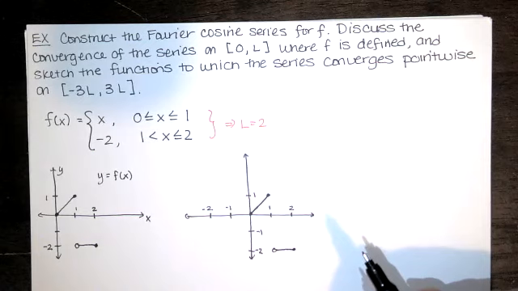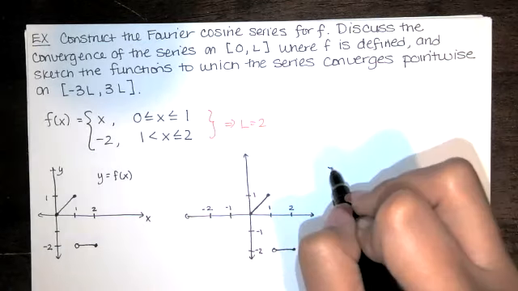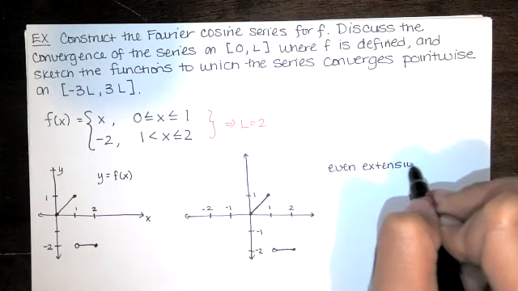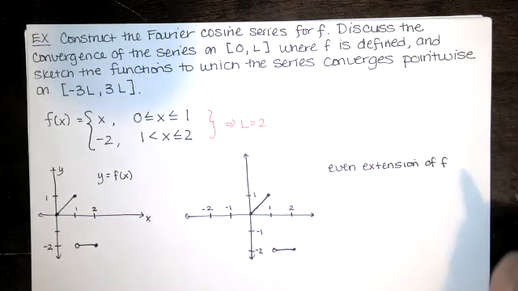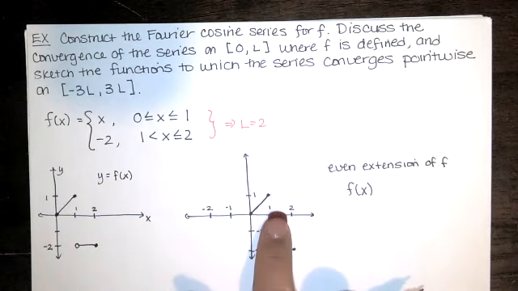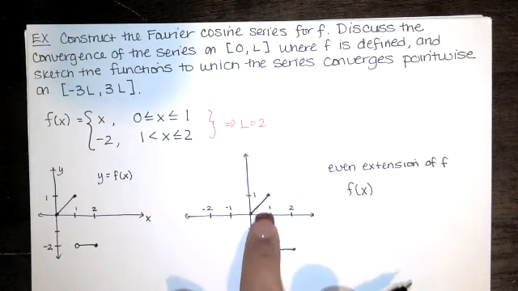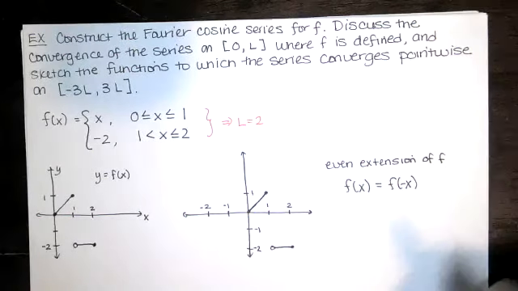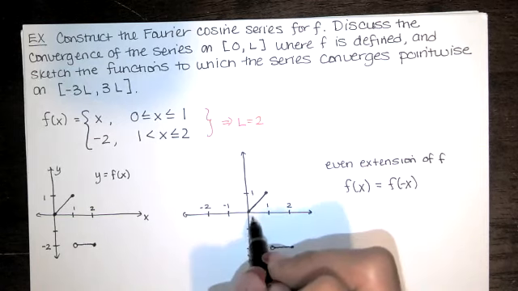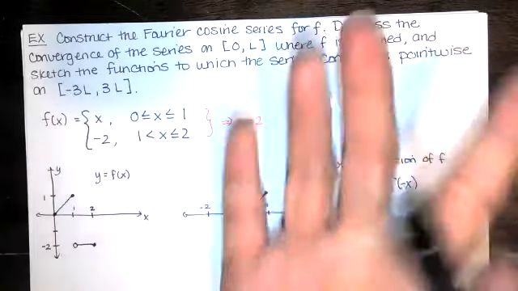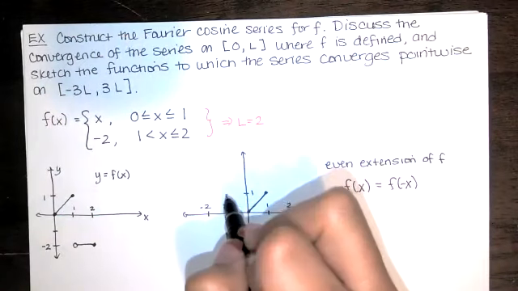Now for an even extension, remember what happens. You look at the y values x units to the right, and then you look at the y values x units to the left of the origin, and you want those to be equal to each other. So basically what we're going to see is a reflection of this function over here.